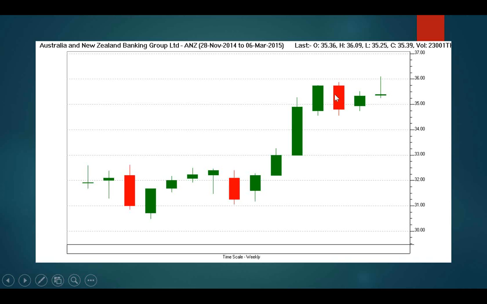There's one heck of a debate that goes on among people as to whether or not you should use candles or whether you should use bar charts. It's going to be up to you, as you'll see very, very shortly. So these candle charts, they are in fact a variation of the high-low open-close bar chart.